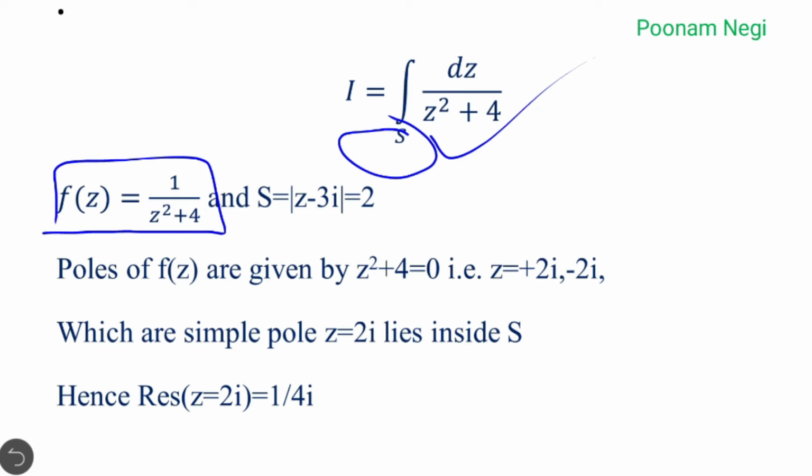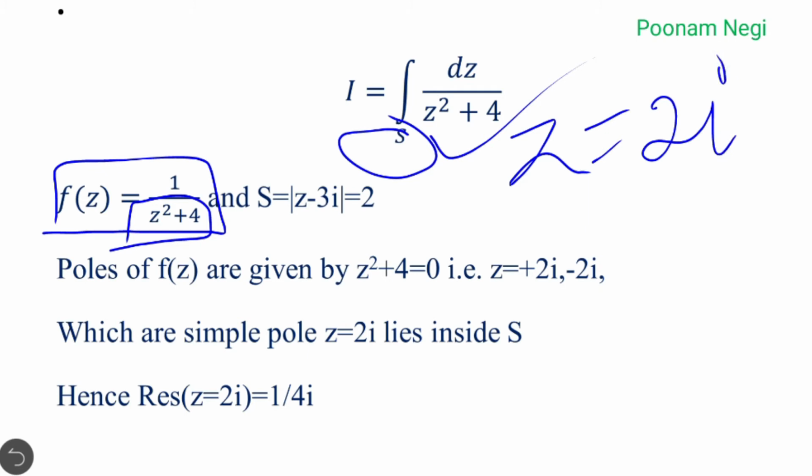To calculate the poles, we simply equate z squared plus 4 equals 0. That means the value of z will be plus or minus 2i. Hence the poles of f(z) are 2i and minus 2i.